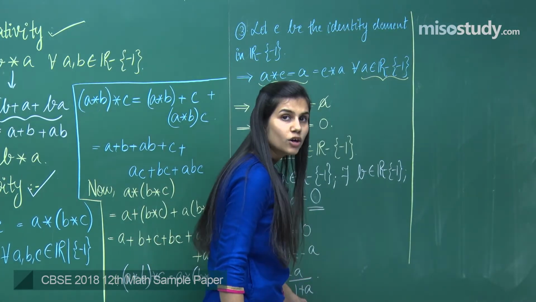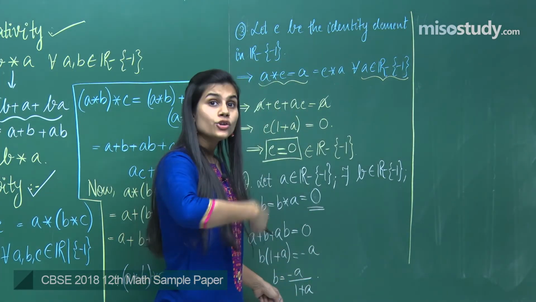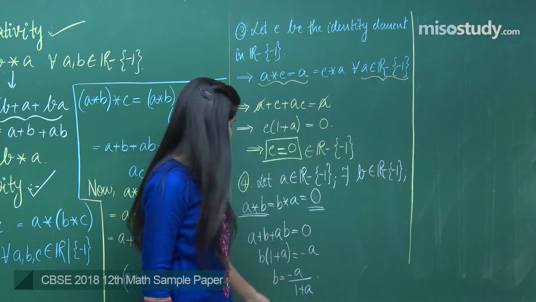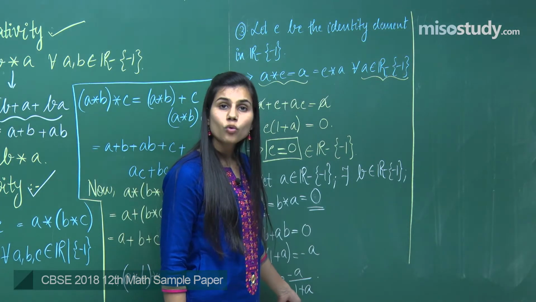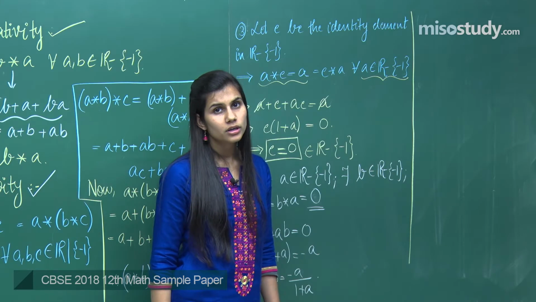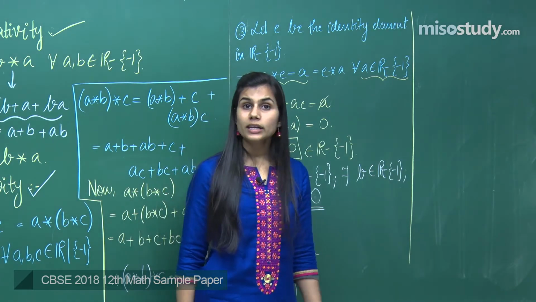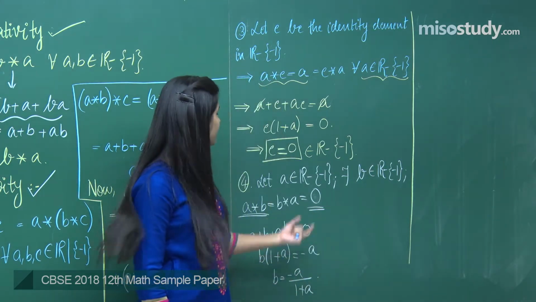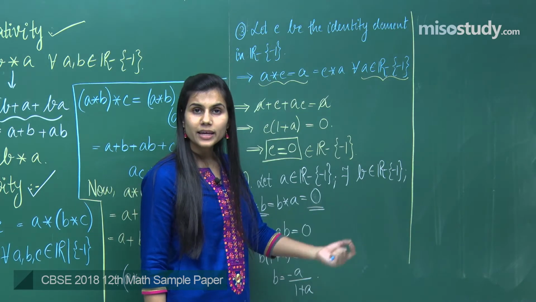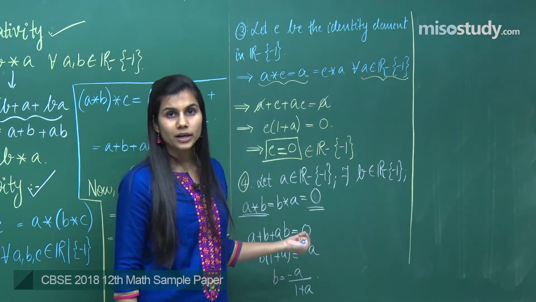Well, over here, when do you think B will not be a real number? B will not be a real number only when the denominator is 0. But the denominator is 0 only when A is minus 1. But A is coming from R minus 1, that means A can never be minus 1.